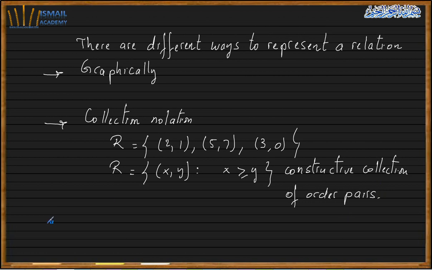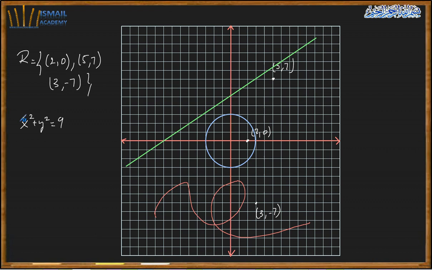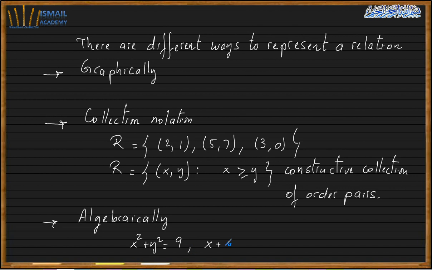The last way is algebraic. For example, we can have x squared plus y squared equal 9, like we did. This is an algebraic operation. X minus 2 is less than y, and so on. So this is a way to represent a relation algebraically.